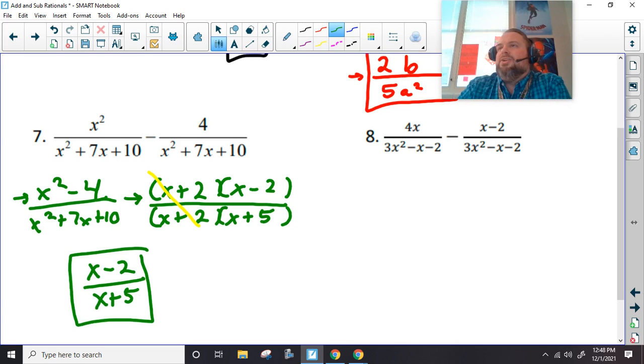Now, number 8, I did not double check very well to see if it will reduce. I didn't look at the denominator because we haven't looked so much at when a is greater than 1, since we're trying to get those basic skills.